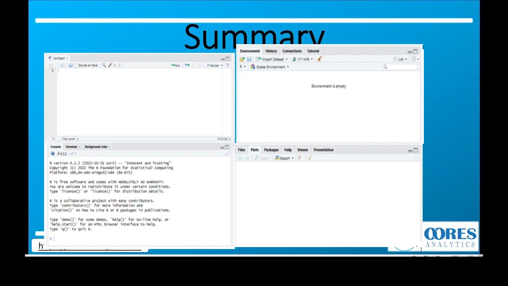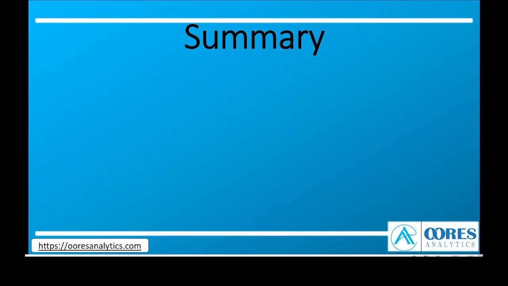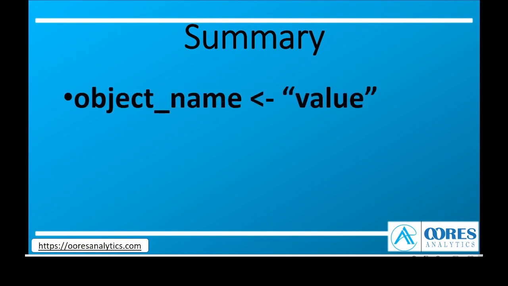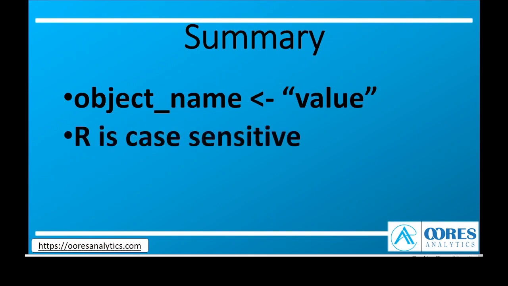We also learned that you create objects in R by writing the name of the object and then using the assignment operator to assign a value to that object. Although you can name an object anything you want with a few exceptions, you want to use names that are meaningful and informative.